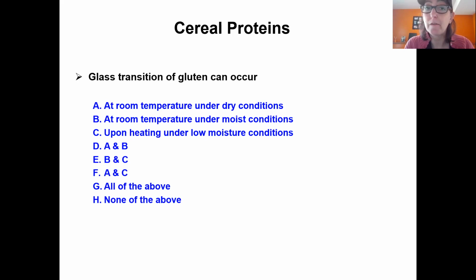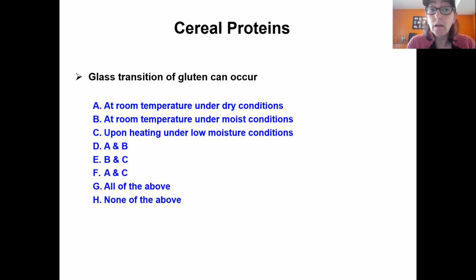So it can happen for gluten at room temperature under certain moisture condition. But for example, for zein, which is corn protein, it has to be at higher temperature. It has higher glass transition temperature at the same moisture content.